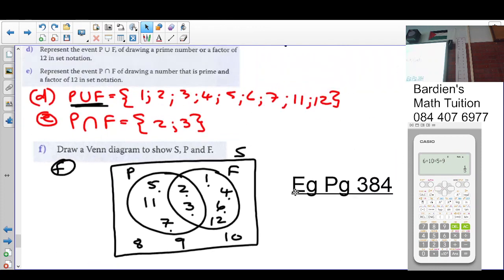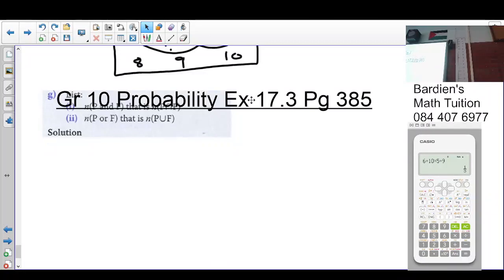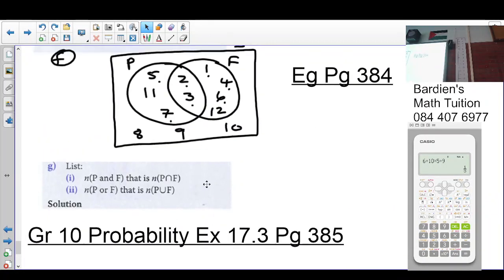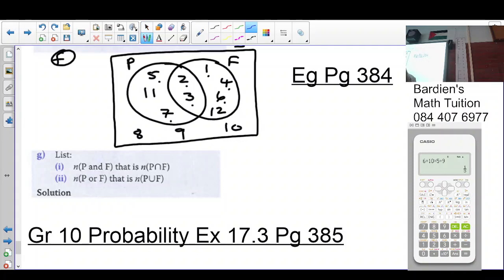That was question F. Let's look at G. G says list, in the first case, the number of P and F. What does it mean?